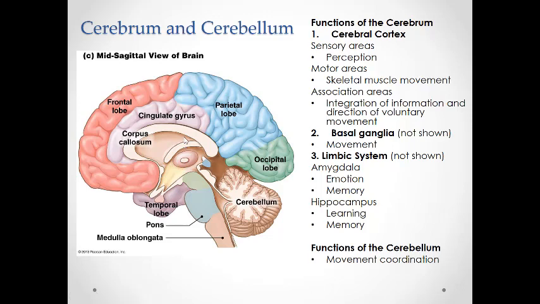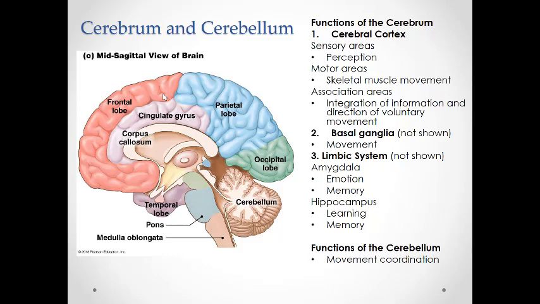So the function of the cerebrum, that is the cerebral cortex, pretty much the entire outer area, is responsible for sensory areas such as perception, motor areas, so your skeletal muscle movements in your frontal lobe, and association areas, the integration of information and direction, and so forth.